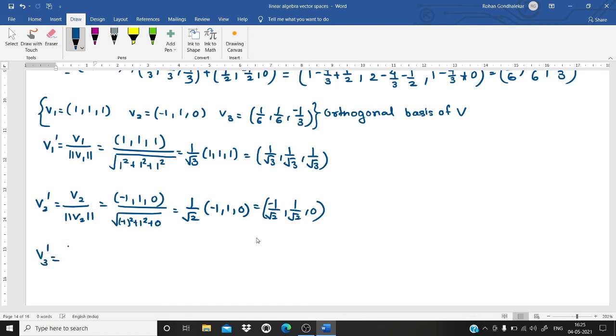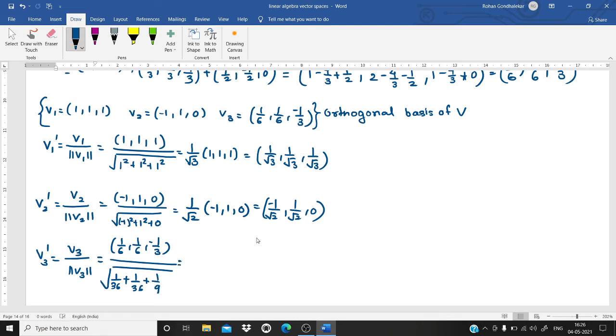Now v3 dash is v3 upon norm v3, which is 1 by 6, 1 by 6, minus 1 by 3 whole divided by square root of 1 by 6 square, that is 1 by 36 plus 1 by 36 plus 1 by 9.